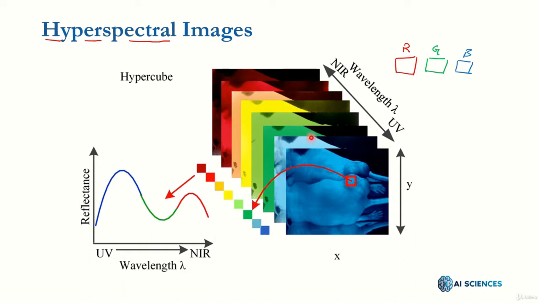And you might be wondering why these hyperspectral images are important. It turns out that different kinds of wavelengths matter. For example, when light falls on an object and gets reflected, the camera captures the reflectance of that light.